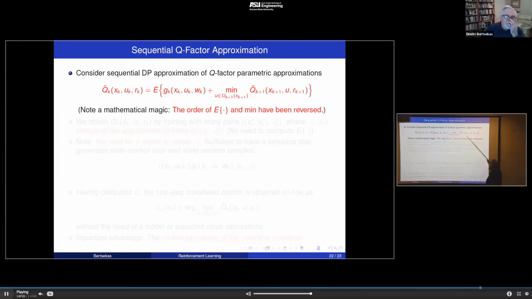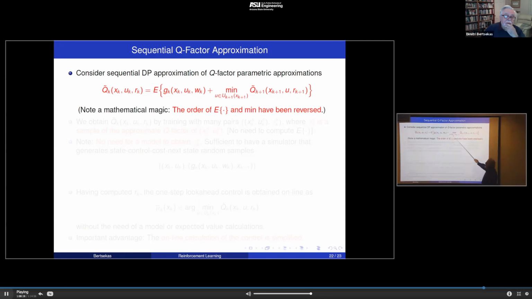Now, the basic Q factor equation is this. Ordinarily, you would have the optimal Q factor here to generate the optimal Q factor of the preceding stage. However, suppose you approximate at the end, and then you go backwards, and you generate a sequence of approximations which are parametric. There's a parameter vector for each stage.